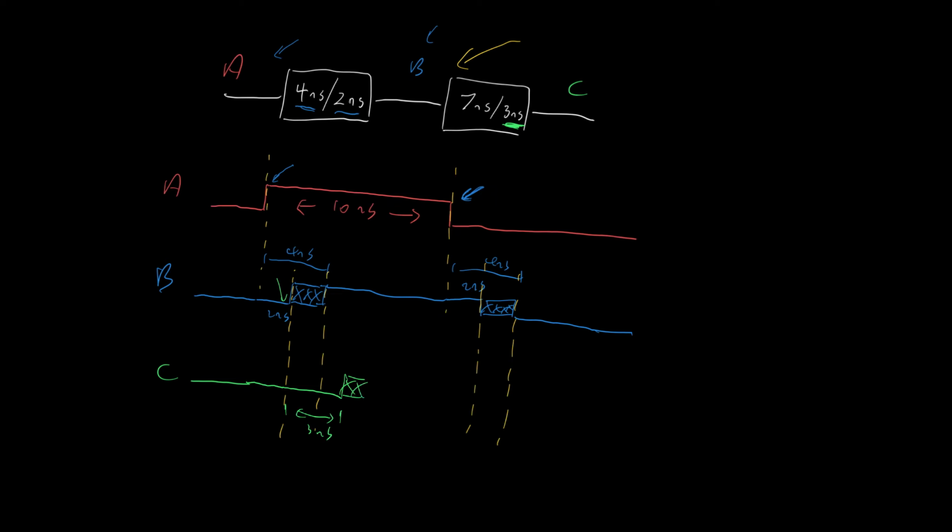We remain in this period until the input has been valid for long enough for the output to also become valid. So if we look over here at B, this is when the input becomes valid again. We have to wait 7 nanoseconds after this point, and assuming the input does not change within 7 nanoseconds, and then and only then is the output C going to be valid.